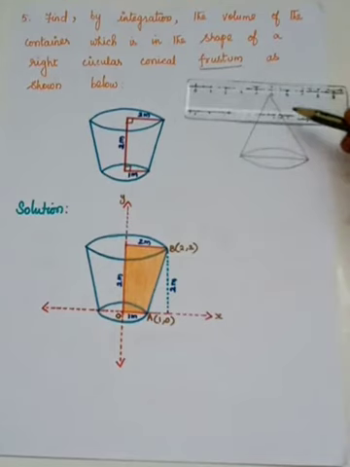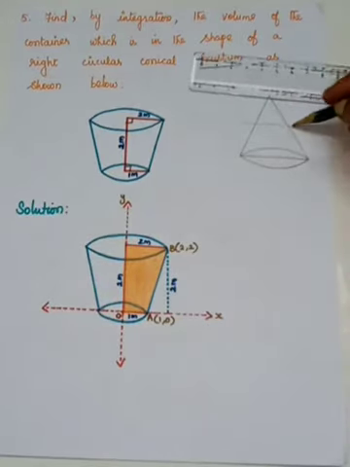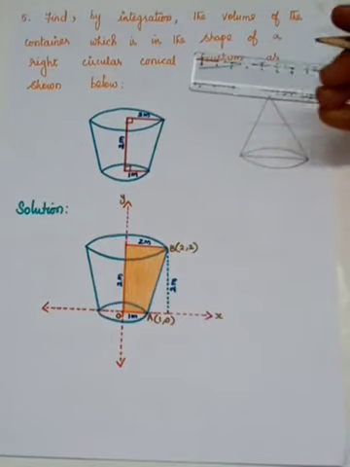When the right circular cone is cut by a line which is parallel to the base, you will get a frustum. So here I have drawn the line which is parallel to the base. So the right circular cone is cut.